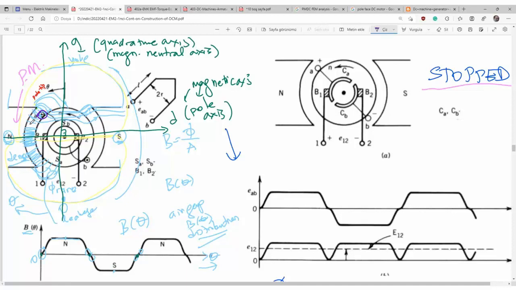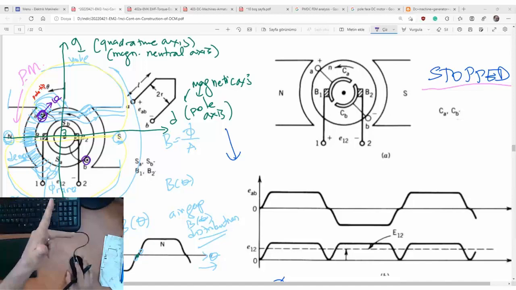Let's assume that this conductor here, and here's another, moves in such a direction, and then apply the left hand three-finger rule. Let me switch on my camera. I hope it is available. Okay.